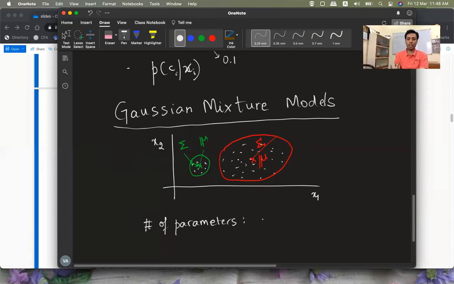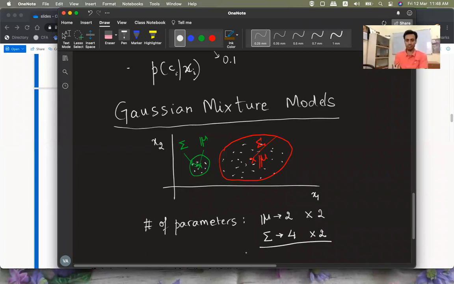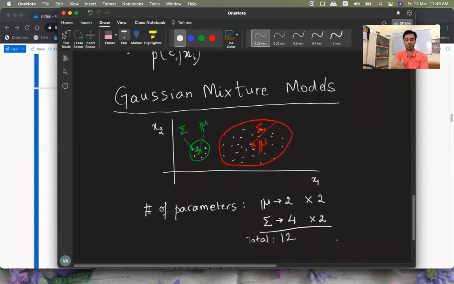Each mu will have 2 parameters, right? Into 2, there are 2 of these. Each sigma has 4, and 4 into 2 of these. So total, how many do you get? 4 plus 8, 12. Very good. Yeah, 12 is the answer.